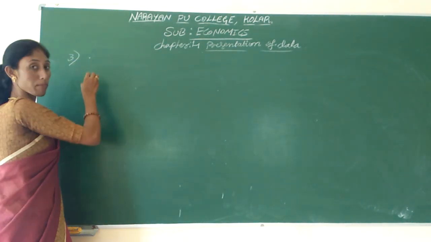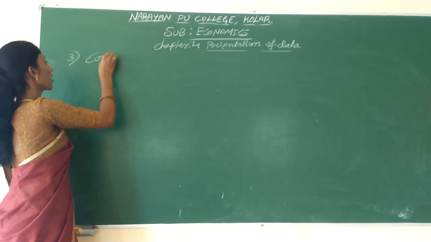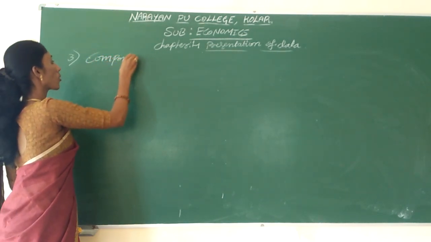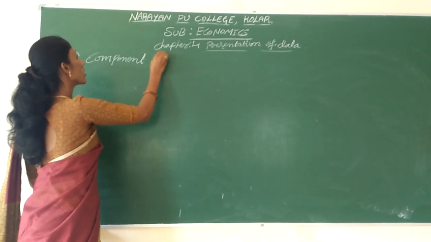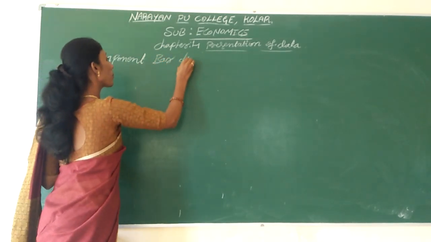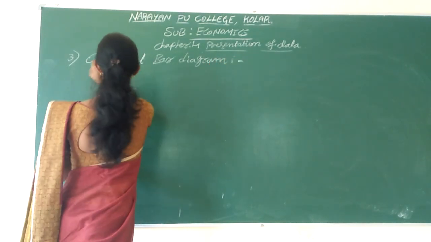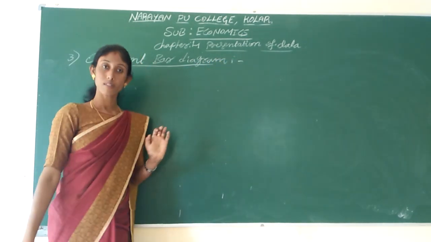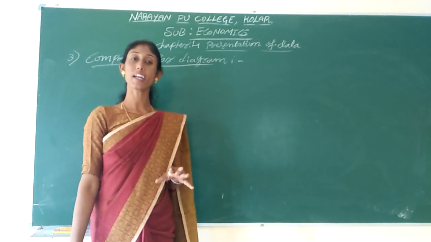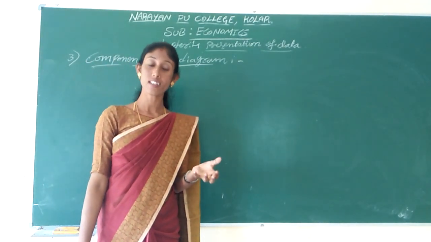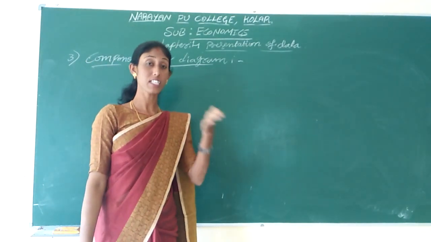The third type of bar diagram is the component bar diagram. Here, the component bar diagram is also called subdivided.